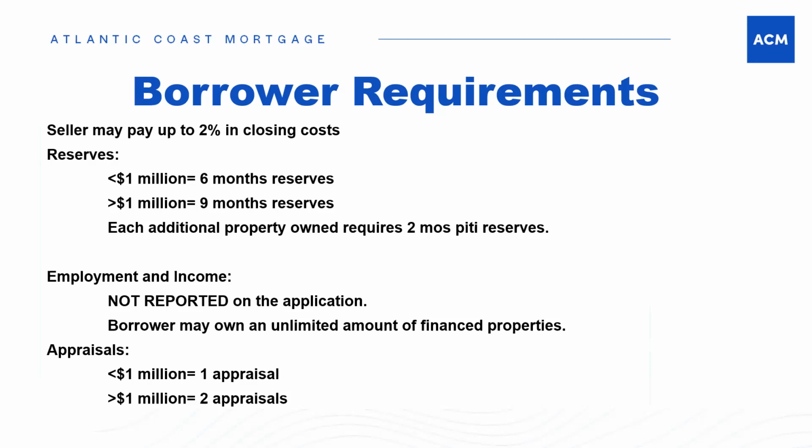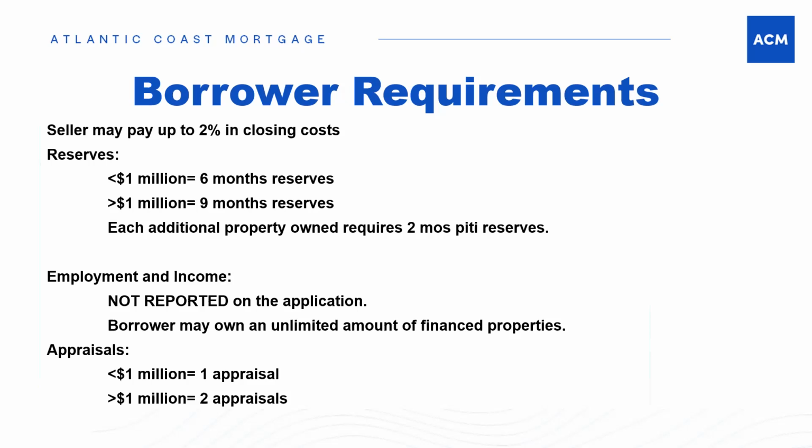If you notice, this loan is really all about assets and credit score. If a person is doing a loan that's under 1 million, they do have to have 6 months of that payment in reserves. If they're going over 1 million, they have to have 9 months of that payment.